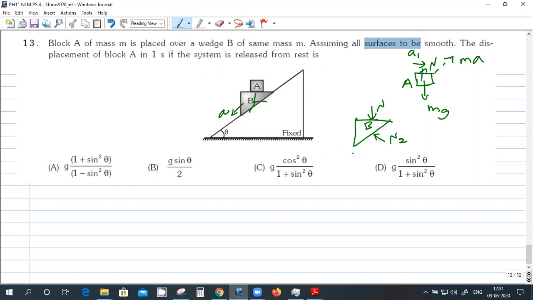We call it M2, and this is moving down with an acceleration A. So you have to find the acceleration, and I'll tell you next time. But this is the basic idea.